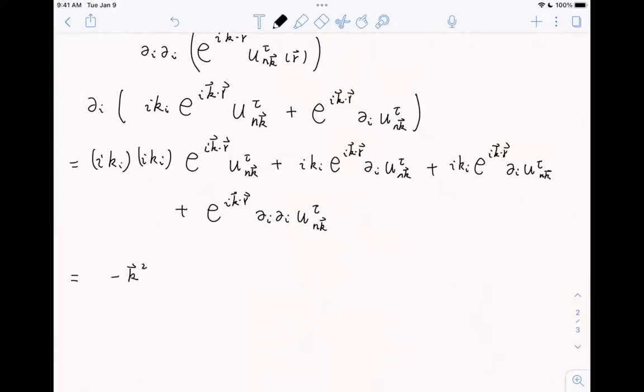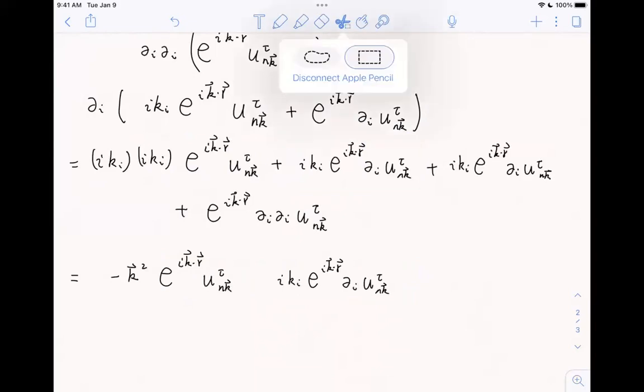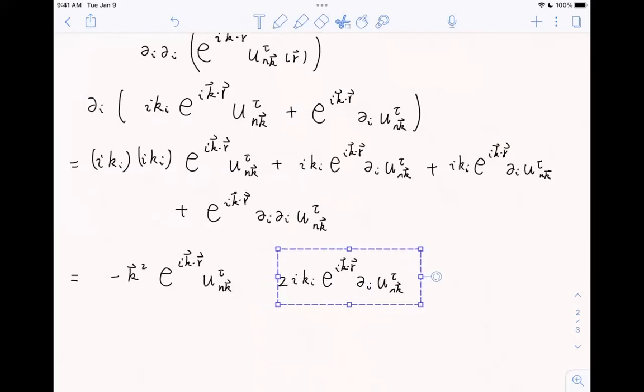Then you have a k vector square. Okay, then you have this, and then this one, eventually you have a 2 here. And then this one will become a gradient.